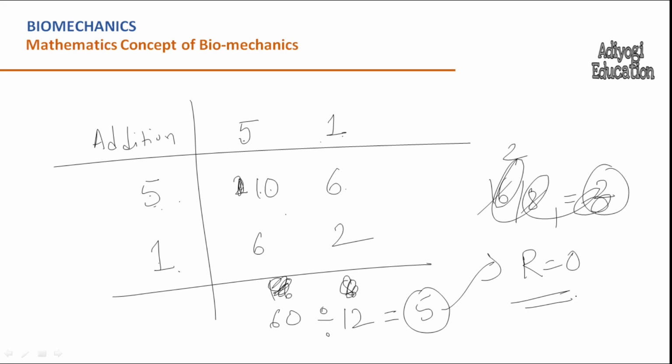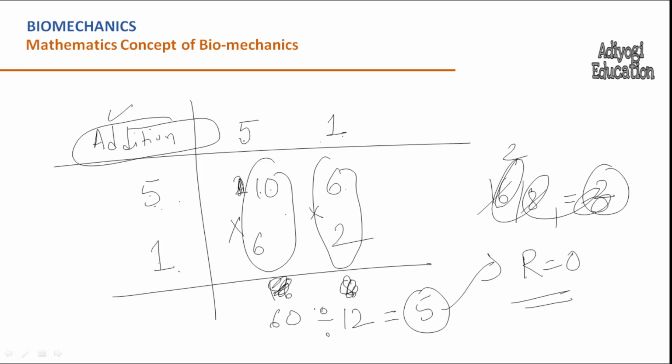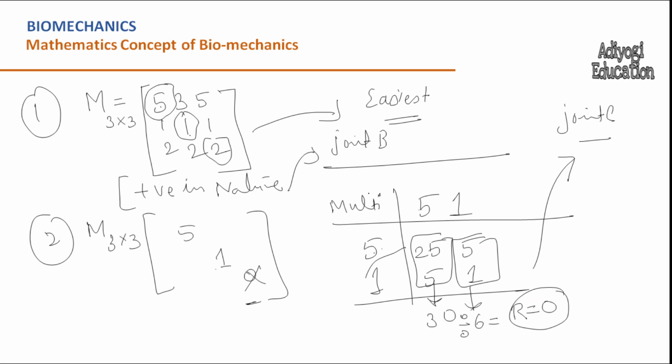See, in this case we are performing the addition operation, but then we need to perform the multiplication, that is 10 into 6, here it is 6 into 2, and then we need to divide it. What we did in the previous case was multiply these terms; similarly here I added up.